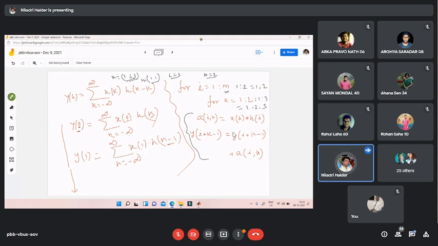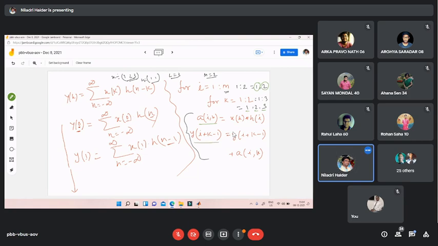For I equal to 1, we will consider k equal to 1, k equal to 2, k equal to 3. Clear? Again, for I equal to 2, this part will repeat, k equal to 1, 2, 3. In that way all the values will be taken, and after that you get a matrix A and the overall matrix Y.